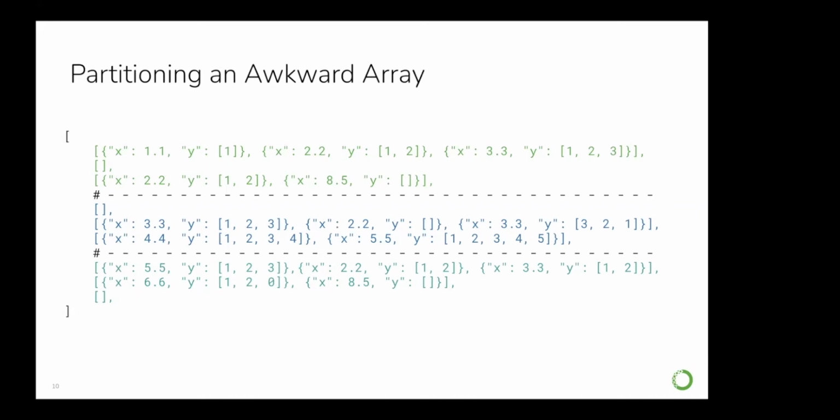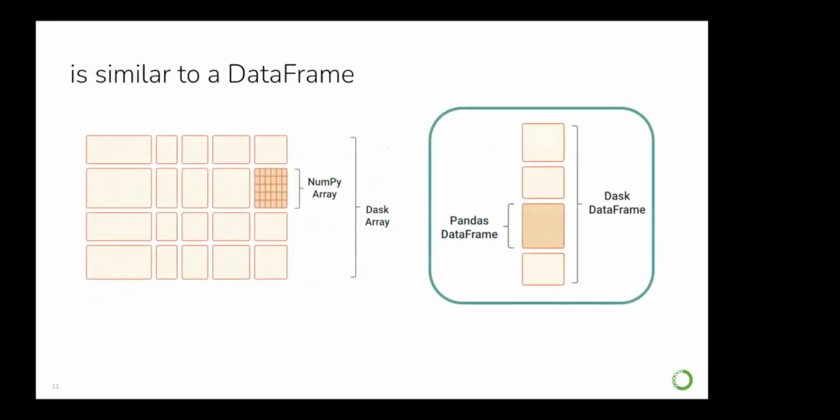The last thing I'd like to say conceptually about this is that this is very similar to Dask DataFrame in the way that it's partitioned. If you have familiarity with Dask, or if you've used Dask DataFrame before, this should feel natural to use Dask-awkward.